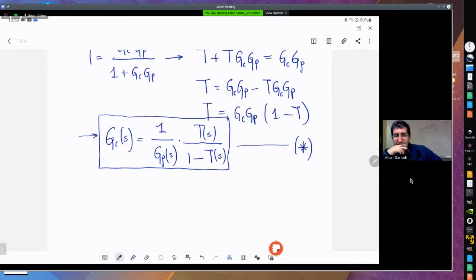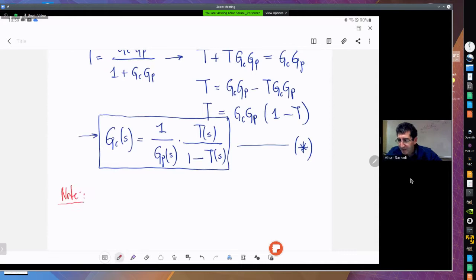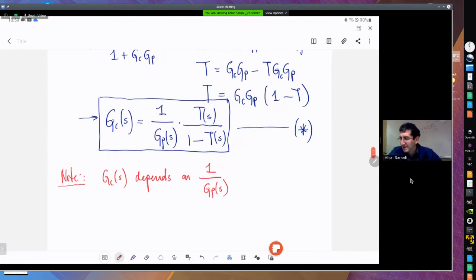All right? Now we need to make some observations. Let's call them notes. There are some important things that we need to observe here. The first thing is that GC of S depends on 1 over GP of S. So it's like an inverse. It is as if we are inverting the plant. So this obviously has implications, right?